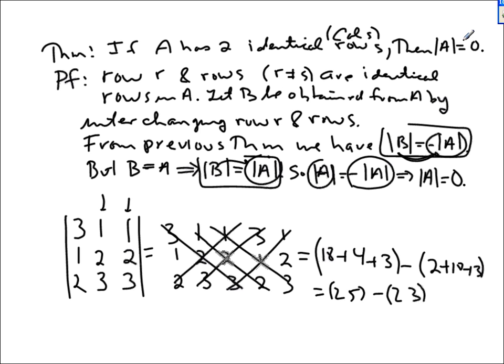And then this product is 18 and 4 and 3. And this product is 4. Okay, not 2. So I just added 2. That's going to make this 25. 25 minus 25 is 0. Okay, it works. It works all the time.